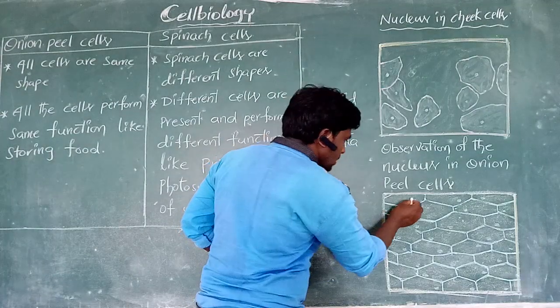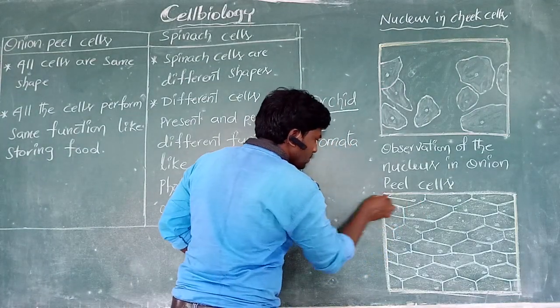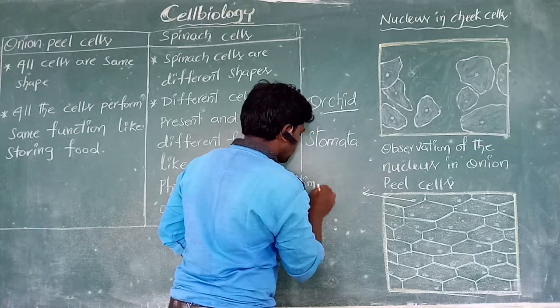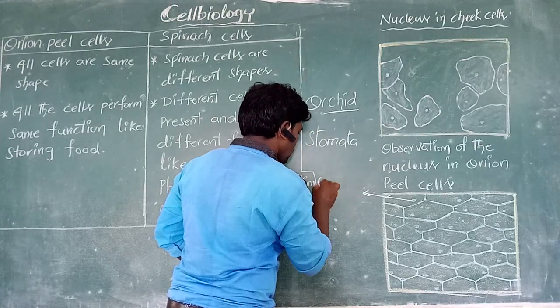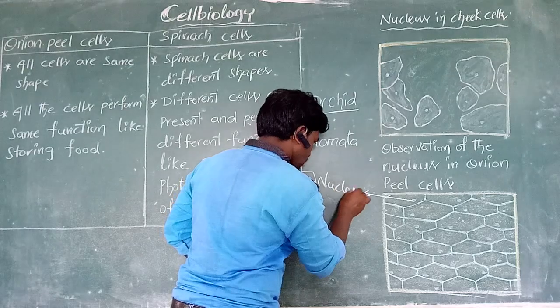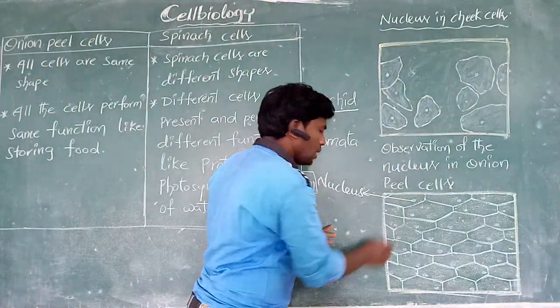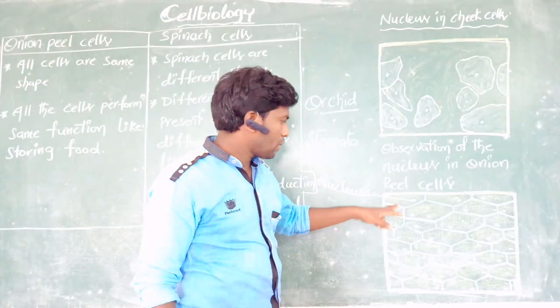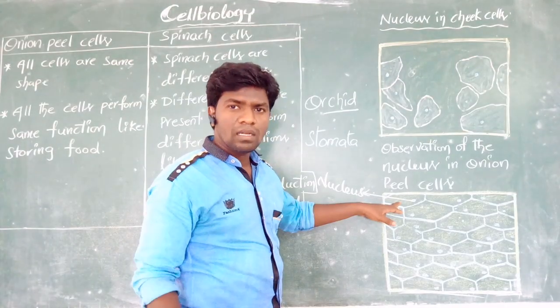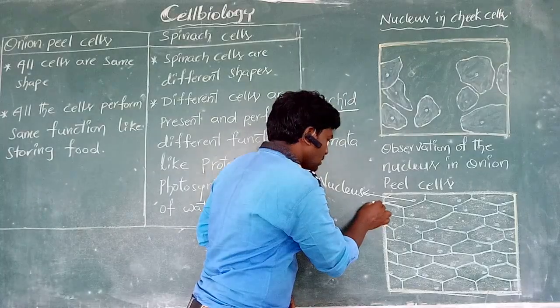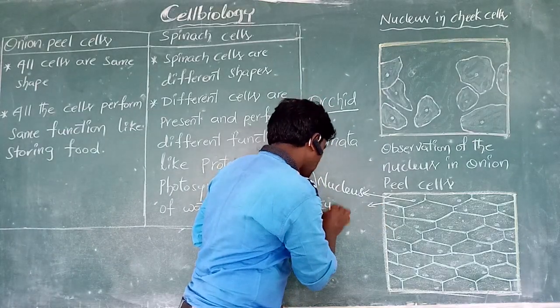So this is the nucleus. And a jelly-like substance is present in the cell. That jelly-like substance is cytoplasm.